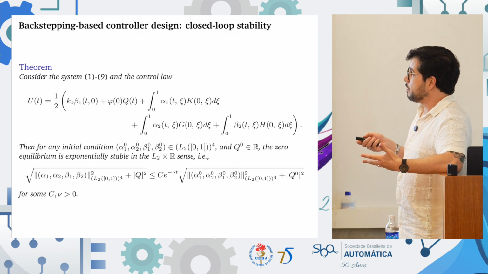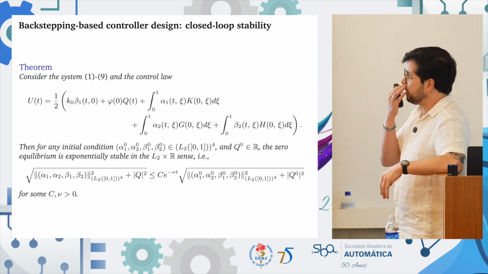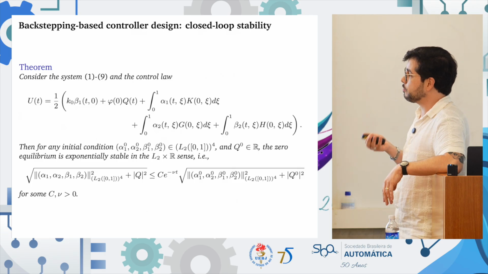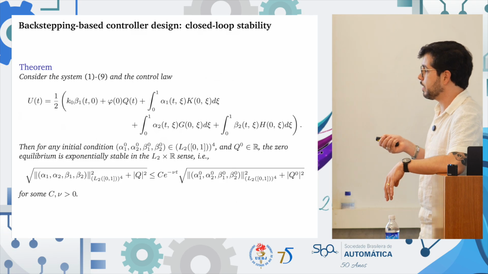Okay. So with this, we get the theorem of closed loop stability. So our control law will be this one. So we have the states in the control law and the integrals of the state multiplied by the kernel. So it's a static feedback law, okay?